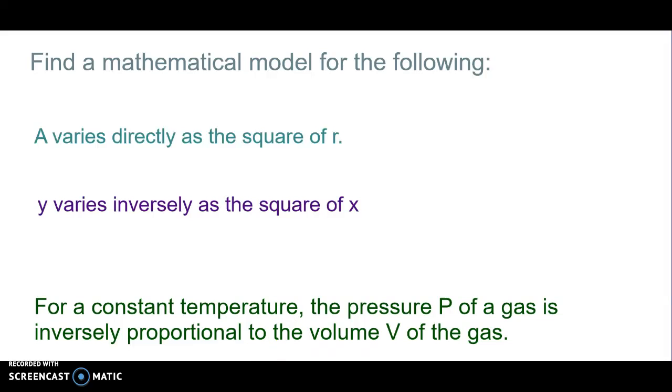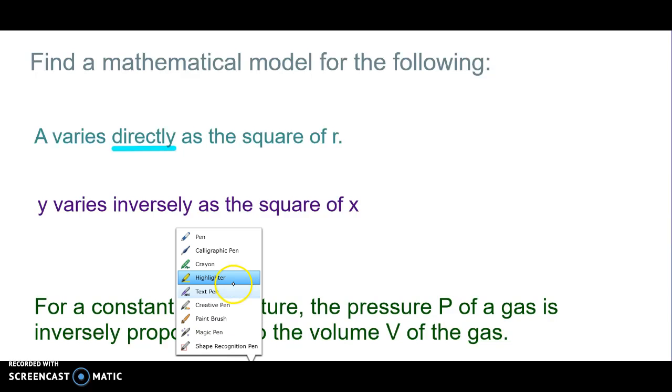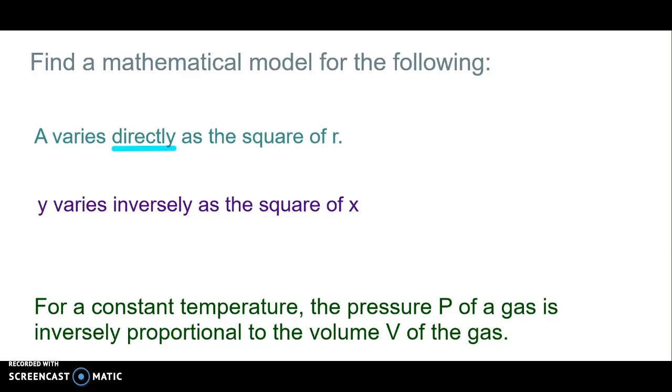Key term to pay attention to here is a varies directly. Think about how it's varying. It's varying directly as the square of r. So, if you look at the way we defined our variation on the first page, instead of y varying directly as x, this time we're going to replace y with a, and we're going to replace x with the square of r.